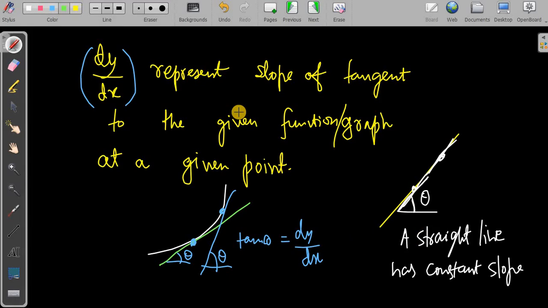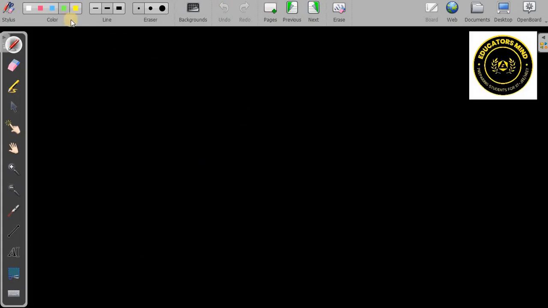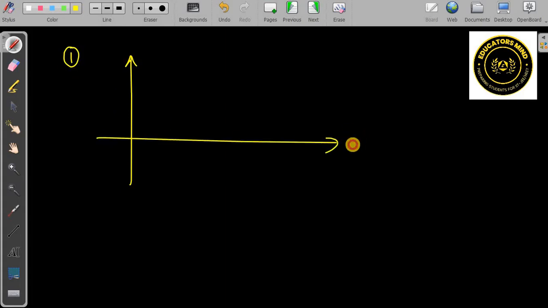Okay, so now let us take a few questions based on which we can understand. Let us take a question. Suppose I give question number 1. Suppose this is a graph, an xy graph, and let's take a function like this.